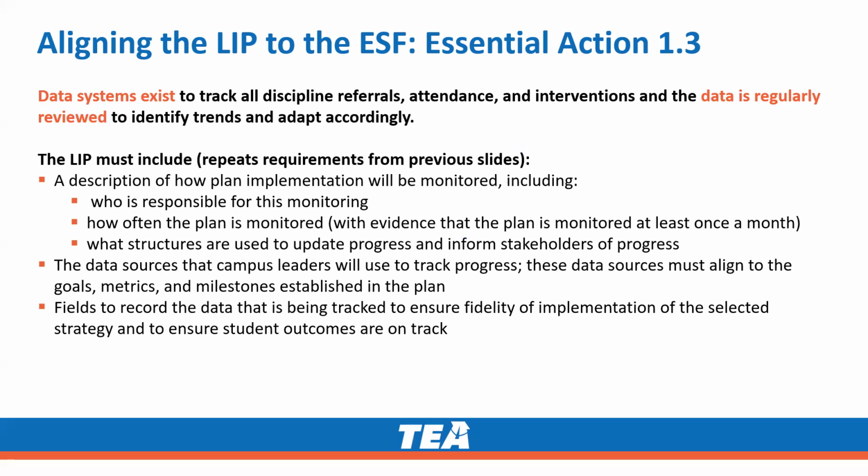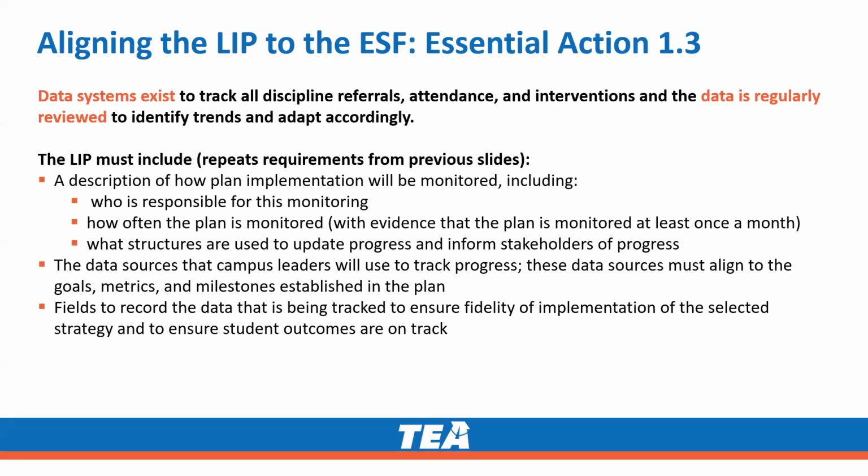And finally, our last key practice in this essential action is that data systems exist to track various types of data, including interventions, and the data is regularly reviewed to identify trends and adapt accordingly. So this really just repeats requirements from previous slides, but essentially through the local improvement plan, it needs to be clear that you've assigned the responsibility of monitoring to someone or someones.